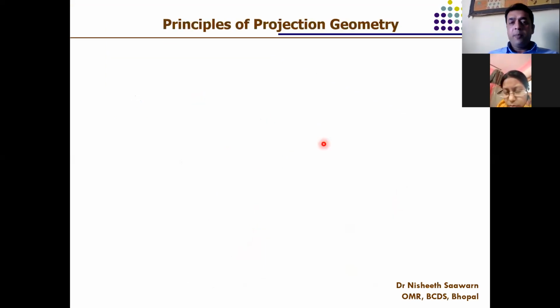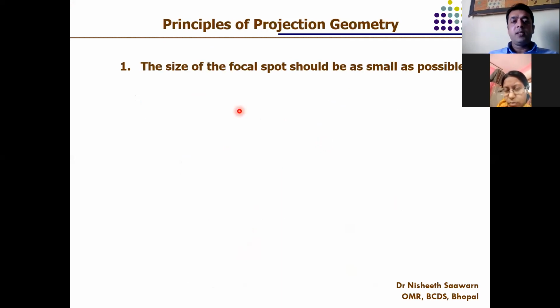There are 5 principles of projection geometry. First, the size of the focal spot should be as small as possible. You know what the focal spot is? The focal spot is the area in the X-ray machine from where the X-rays come, the source of the production of X-rays. You know that X-rays are divergent in nature, like light.